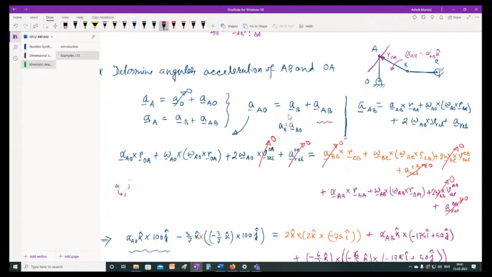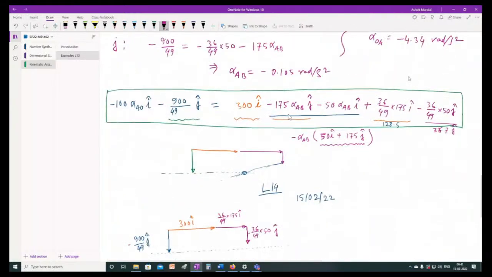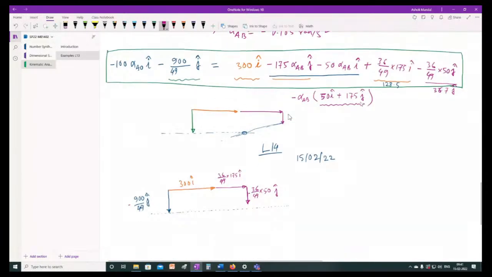Yes, sir. The direction is perpendicular to the coupler. Okay, so this whole quantity, I hope we have not made any mistake, would be perpendicular to the coupler.